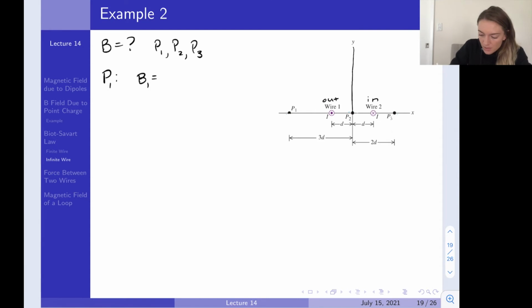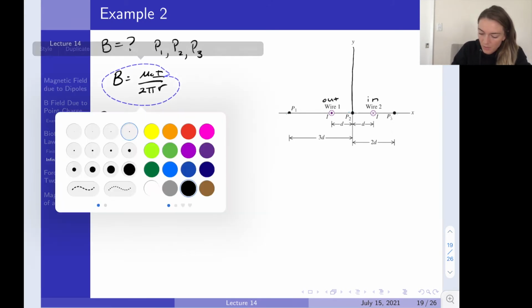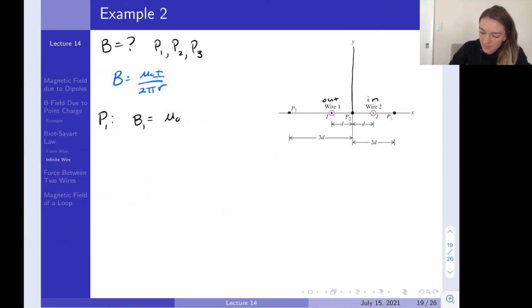So the magnitude is just going to be given by, let's write our formula for a wire. This is our formula for a wire.